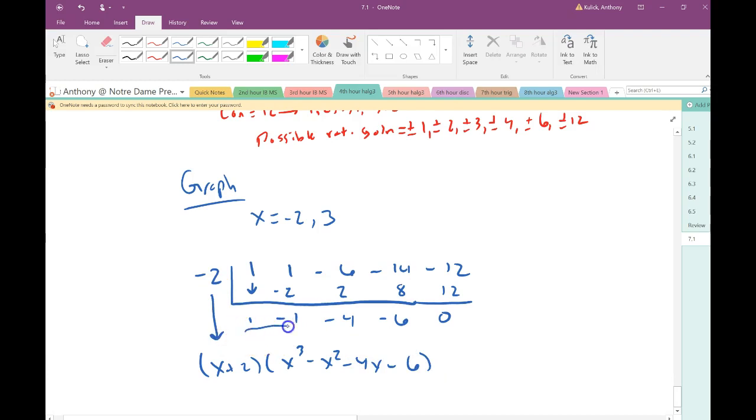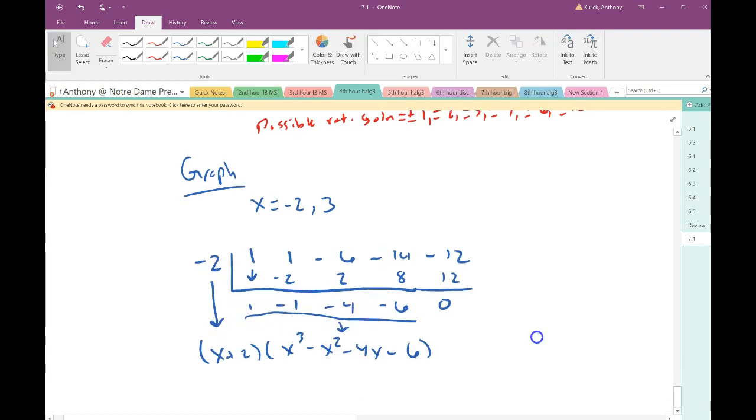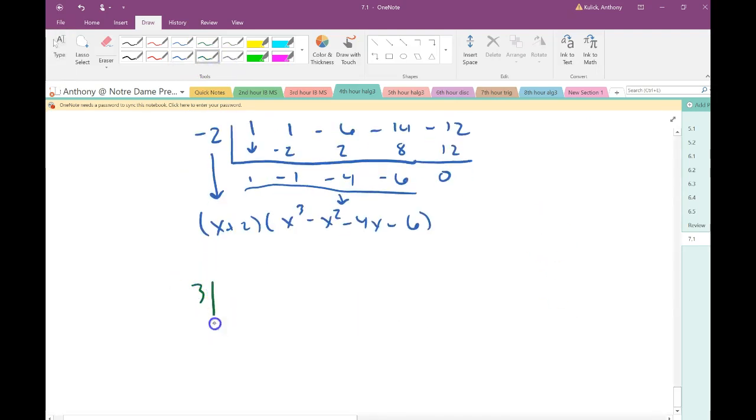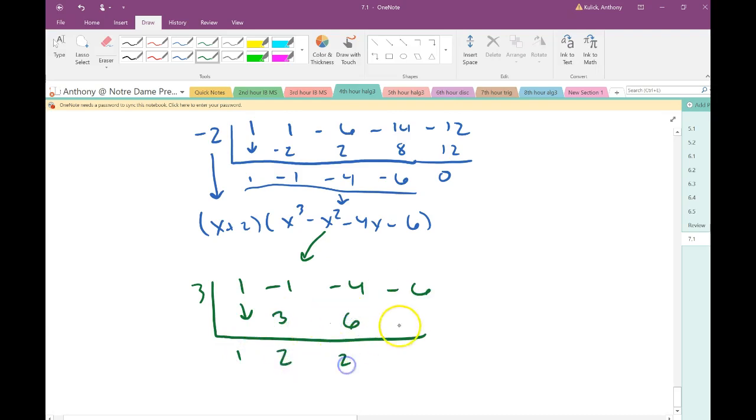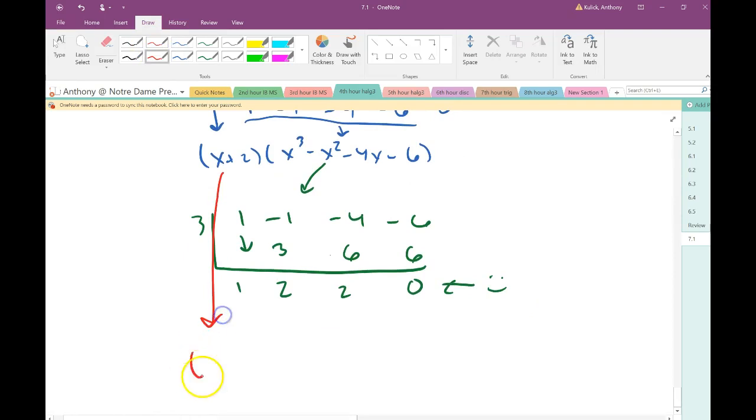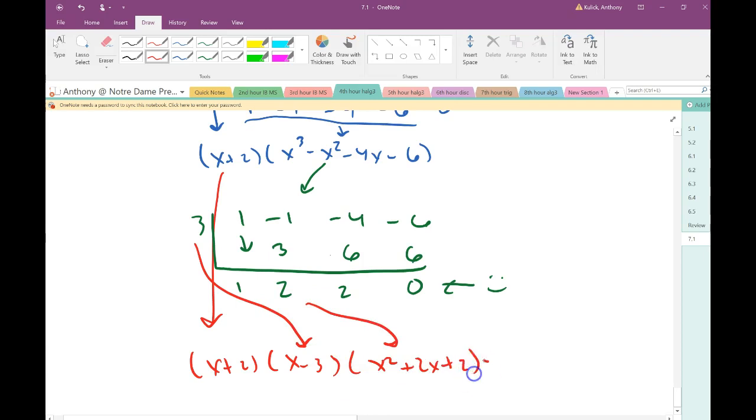Again, that comes from there and that comes from there. Now we'll take our positive 3 and this stuff and try factor some more. Yay! So what we have then is x plus 2 and x minus 3 and an x squared plus 2x plus 2.